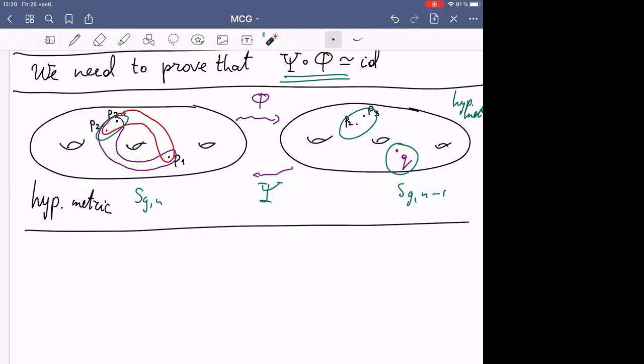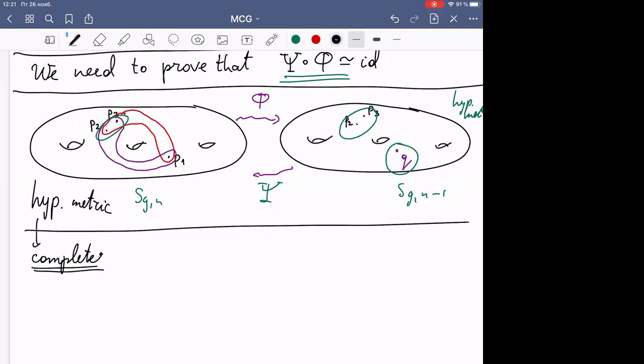No. The matter is that all our claims about closed geodesics in isotopic classes and so on, we have proved only for, we would like to work only with hyperbolic metrics, with complete hyperbolic metrics.